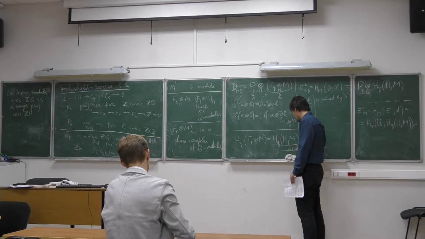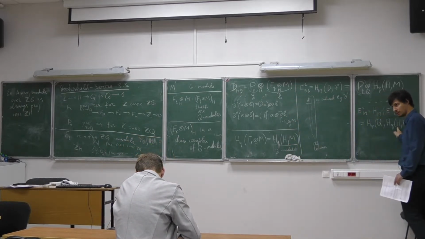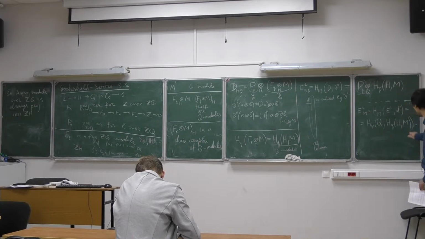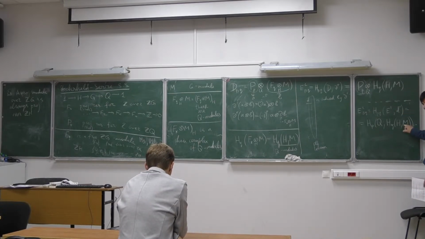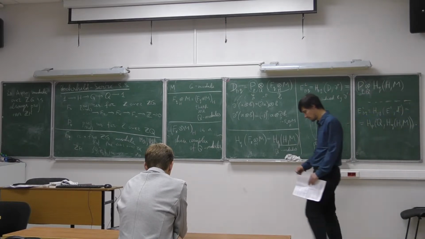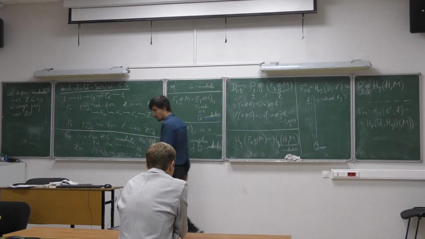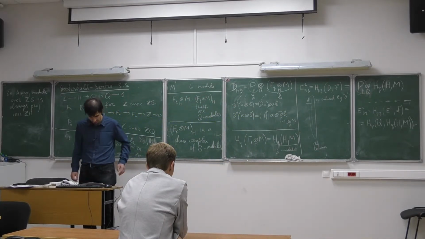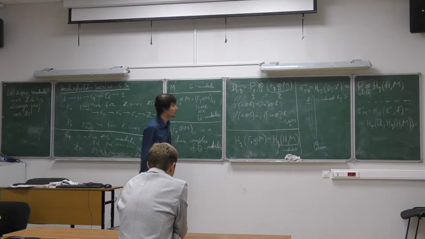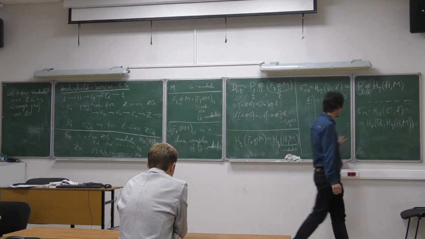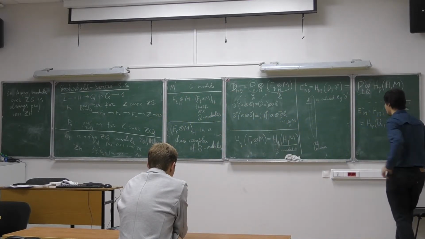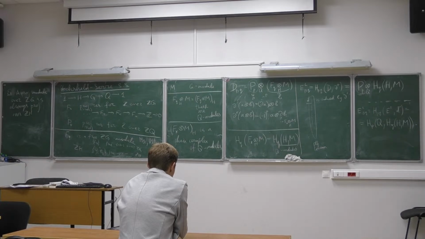So these are homology with twisted coefficients for Q. Even if M was a module with trivial action of G, the action of Q on this homology can be non-trivial even in this case. Okay, so we understand the term E2 very well.